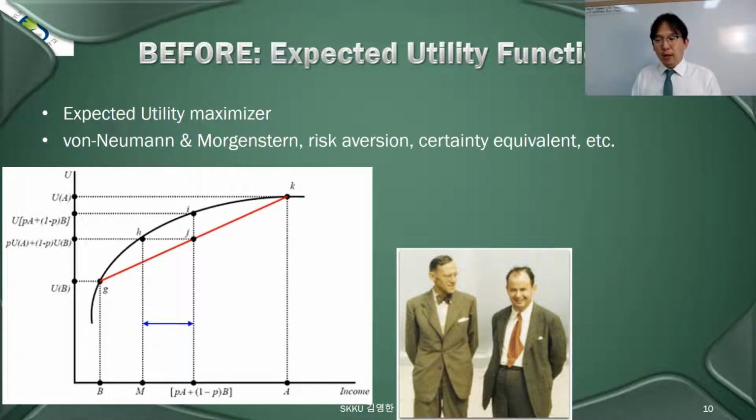Okay, and then the thing that we're going to consider is the final stage wealth, right? After, let's say, coin flipping, heads I win $1 million, tails I get nothing. Okay, half and half chance, right?